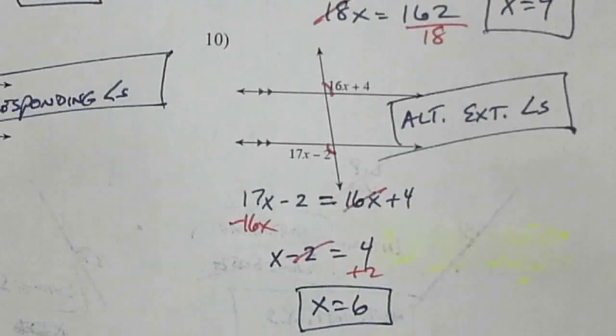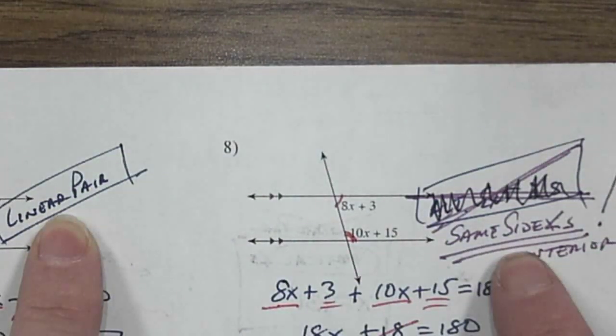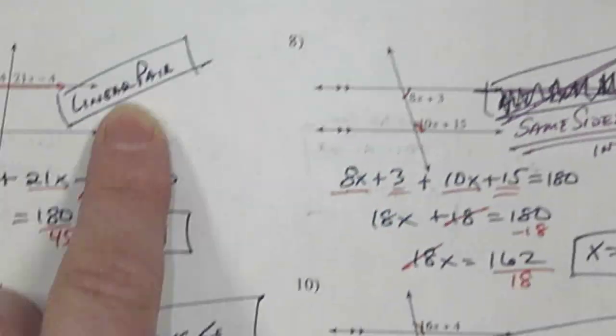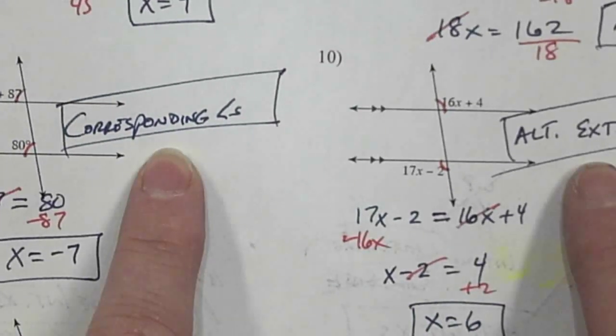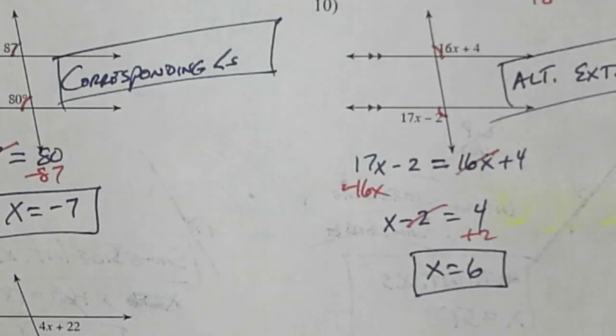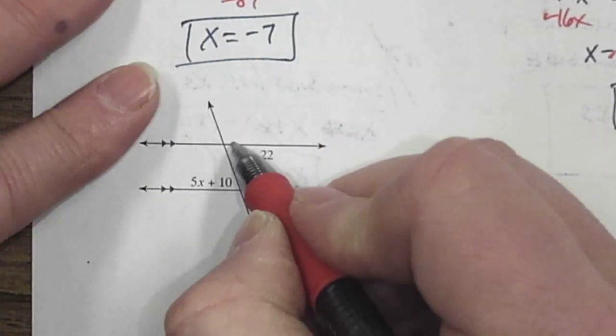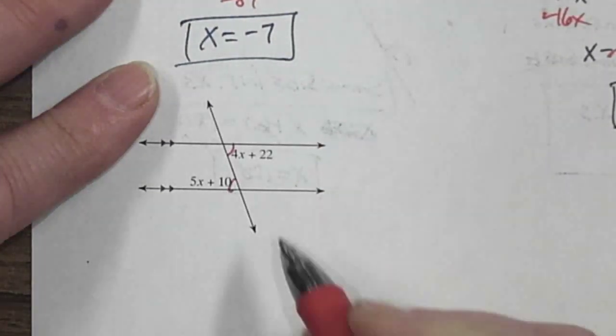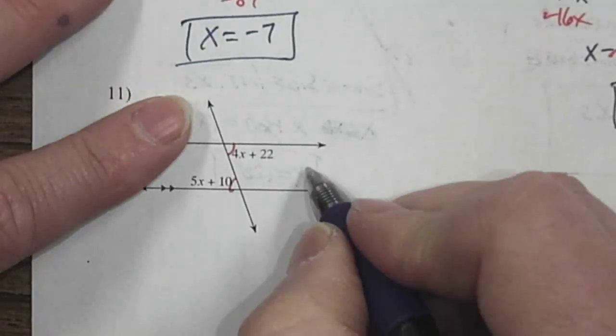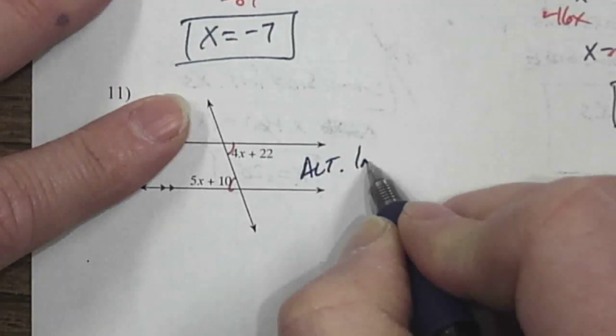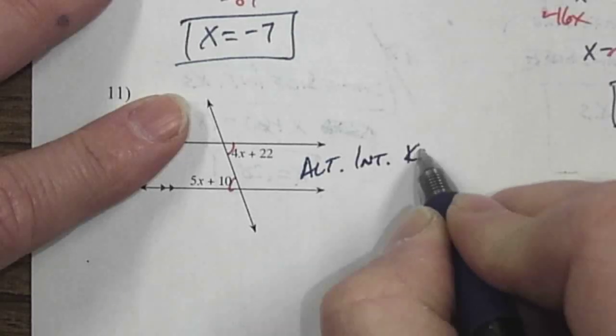Basically, the only two that add up to equal 180 are linear pair and same side interior. All the other ones are equal to each other. Here's another set. One of them is over here on the right, one on the left. They're both interior, so this is alternate interior angles.